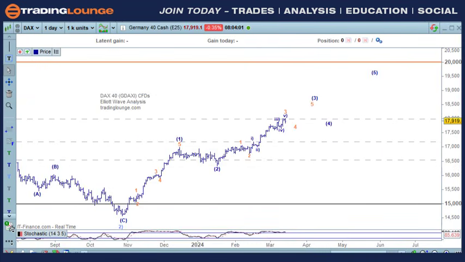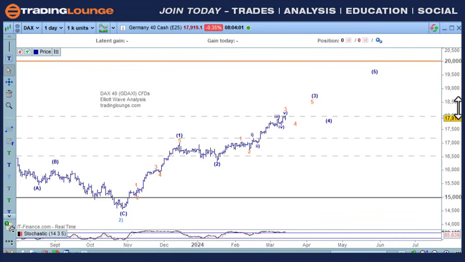Okay, over to the European markets, and the DAX here, kind of same as the S&P really. So on the daily chart here, we've got 1 and 2, and we've got 1 and 2 here, and then we're going up for wave 3 and 4 here, and then 5, and so on up there. Now I have to say this wave 2 to wave 3 here is a little bit short.